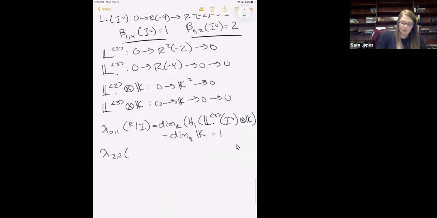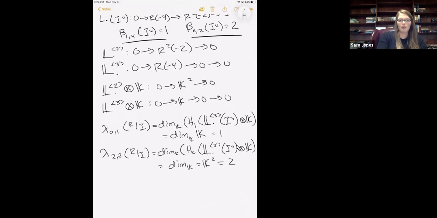Similarly, our highest Lyubeznik number is the dimension of the 0 homology of the 2 linear strand of the Alexander dual, which ends up just being 2.